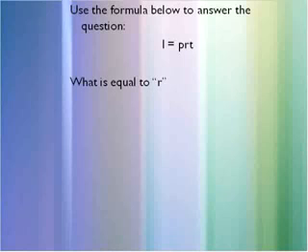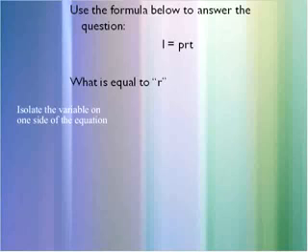So what they want you to do is isolate r on one side of the equation. Since it's on the right side, I'm going to isolate it on the right side. So what we're going to be doing is isolating the variable on one side of the equation.